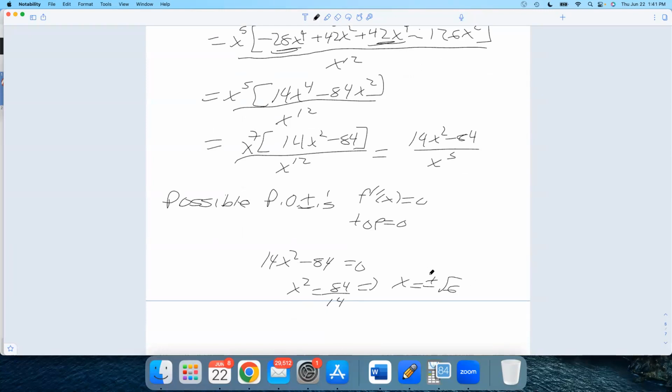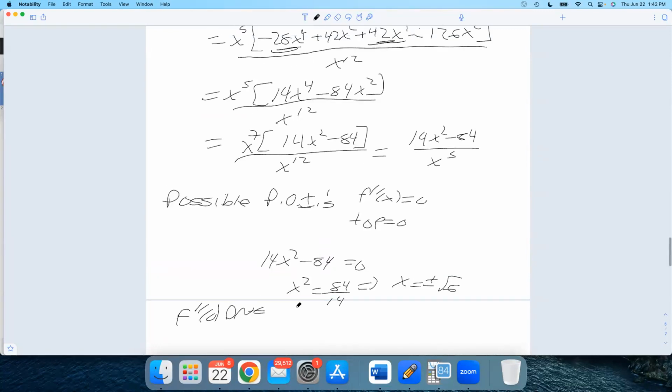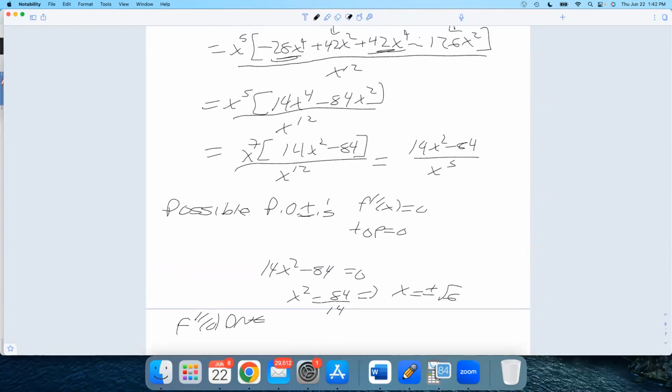All right, so those are my possible points of inflection that will occur at those values. But when I do my number line, I also remember the second derivative is not defined at 0. So let's write that down. F double prime of 0 does not exist. All right. So now I'm going to pause.